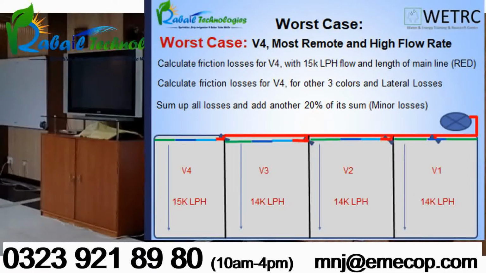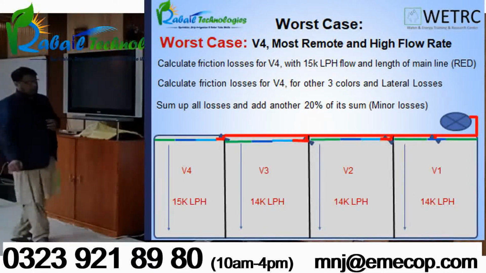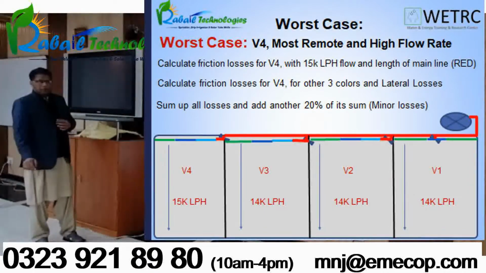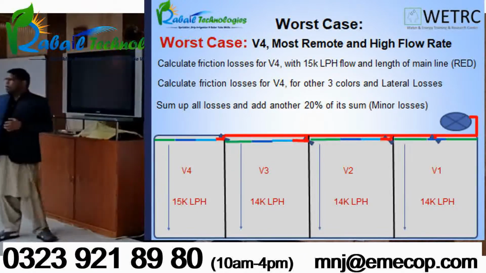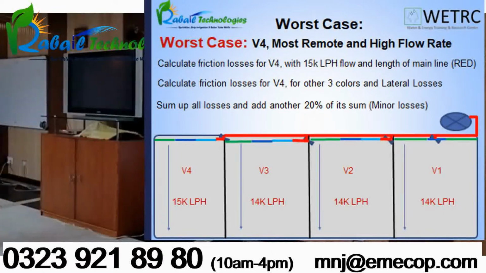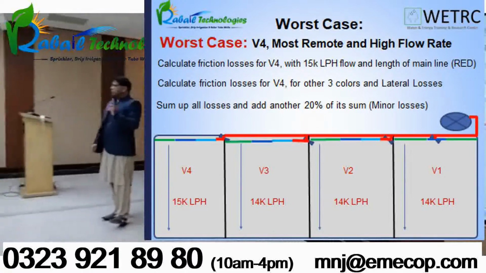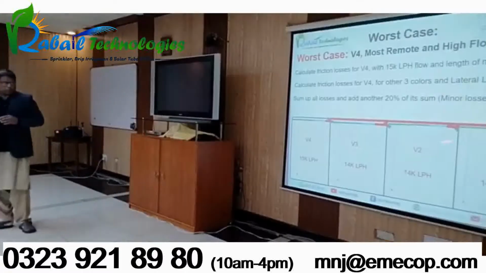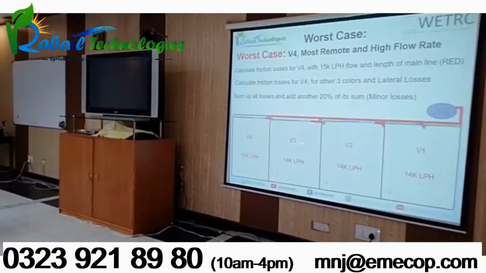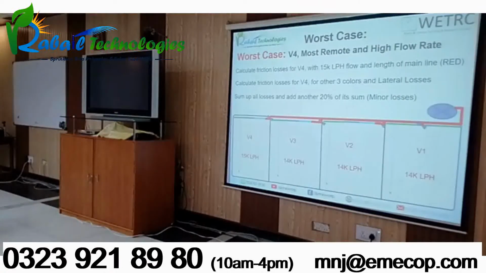It's not like if in this zone we have 10 meter friction losses, here we have 12, here 14, and here we have 20 meter losses, so what we need to design the pump for is the 20 meters only. We don't need to sum up 20, 10, 15 or something, because all these are operating in parallel. It's not in series. These are all in parallel.